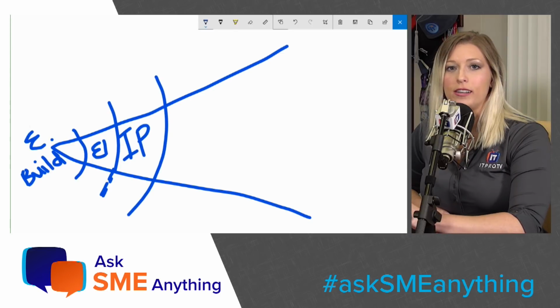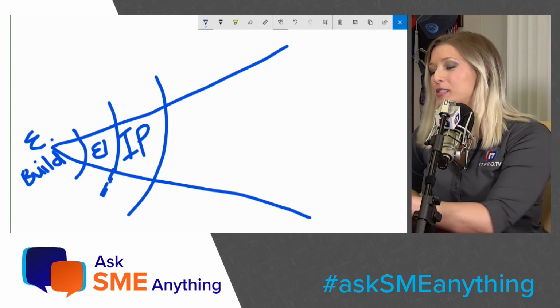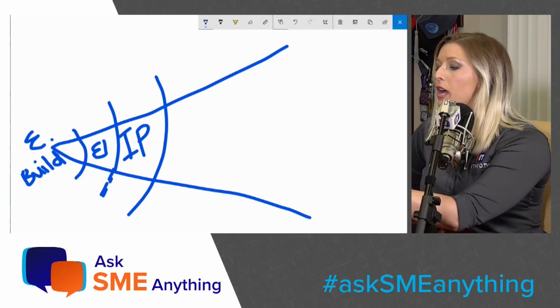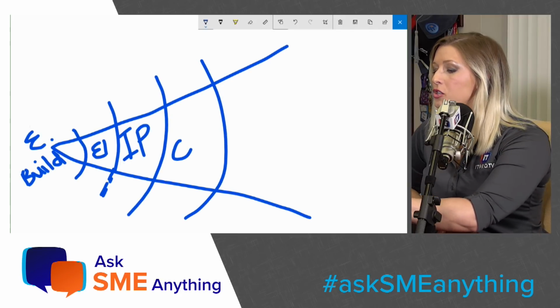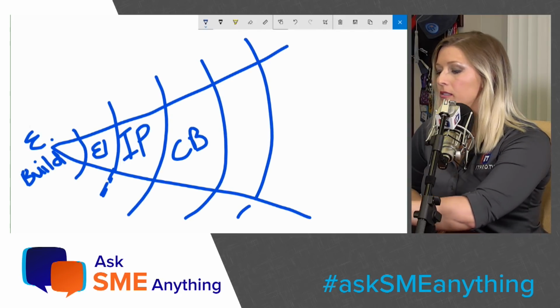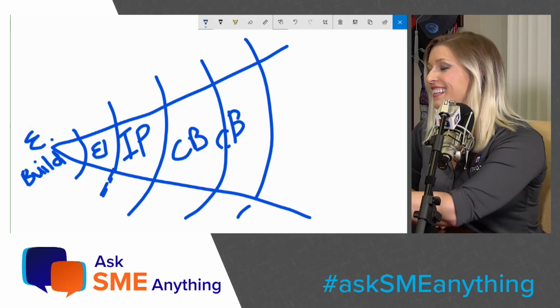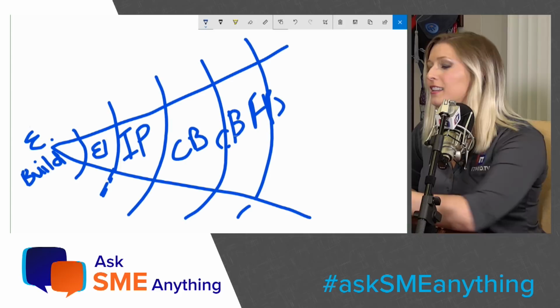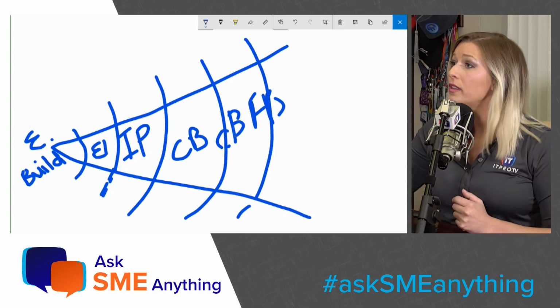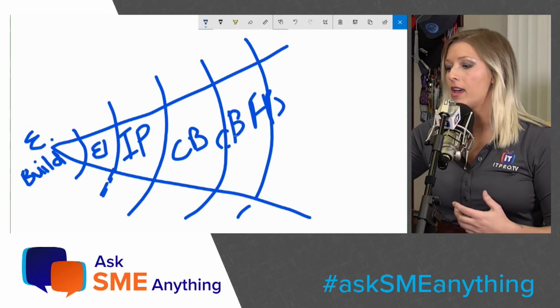Definitely not correct acronyms here, I'm just making these up. And then that's when you have your current branch and then your current branch for business. That looks like a mess.